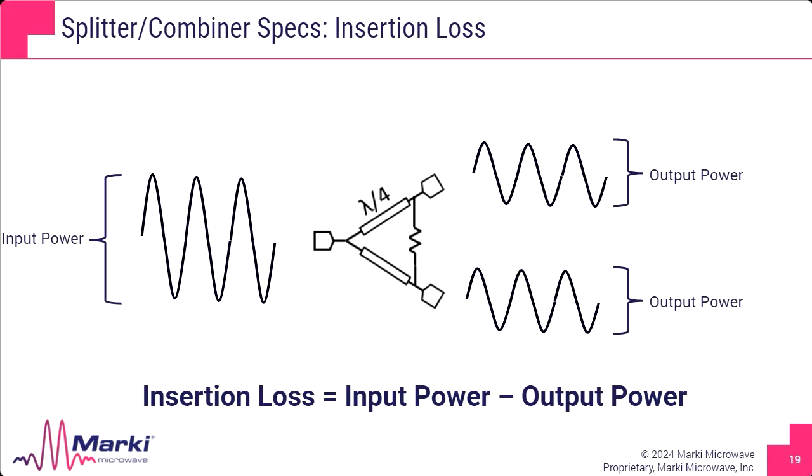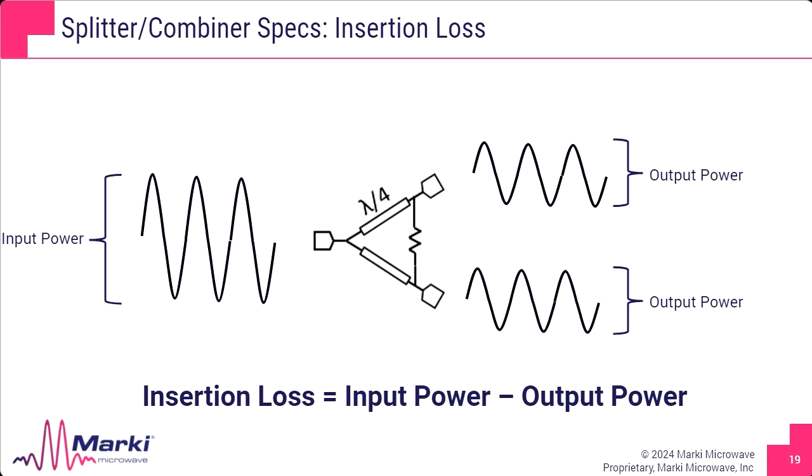Insertion loss in a power divider or combiner is the loss as the signal passes through. In this splitter scenario we're showing here, the minimum theoretic loss is going to be 3 dB at minimum because we're always splitting the signal in two. So you're losing half the power just like that by going from input to any one output. On top of this, there is always some excess insertion loss.